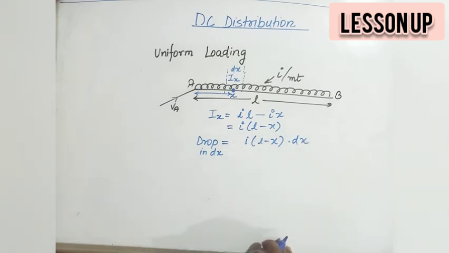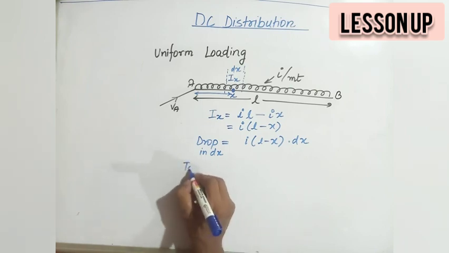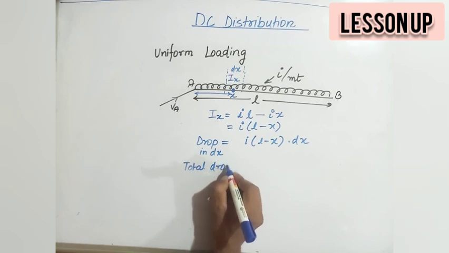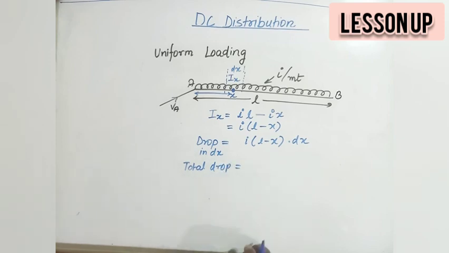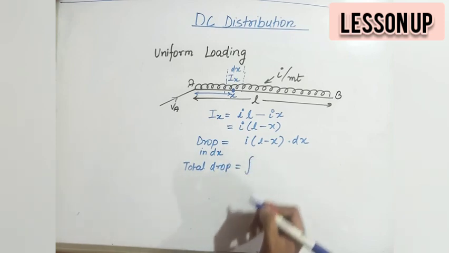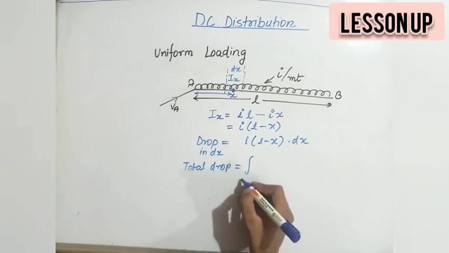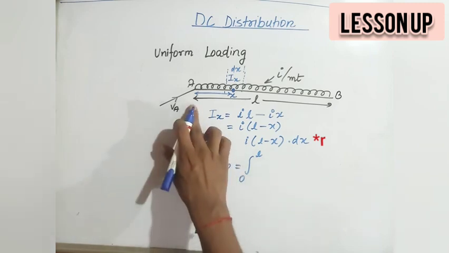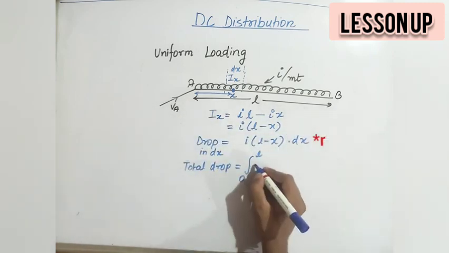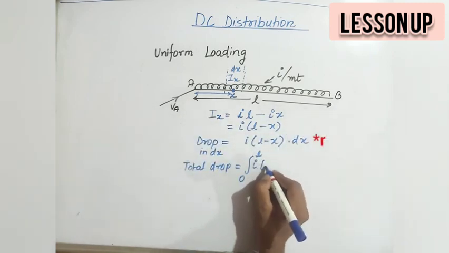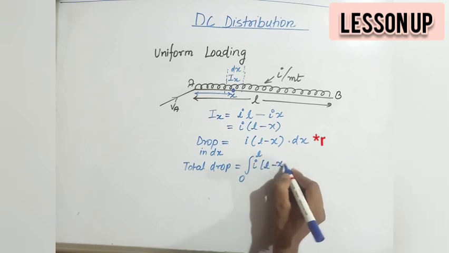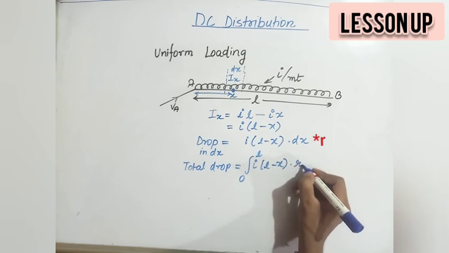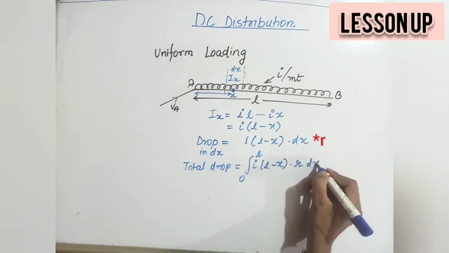Now the total drop we can calculate from integration from 0 to L, I into L minus X into, if R is the resistance, R into dx.